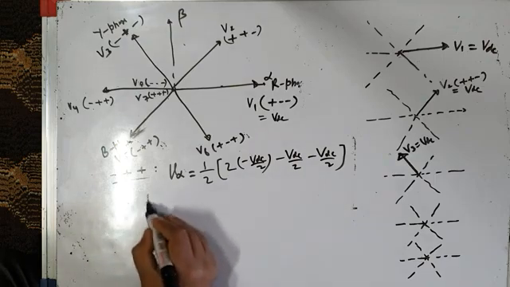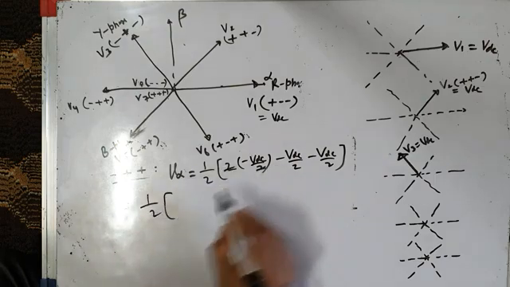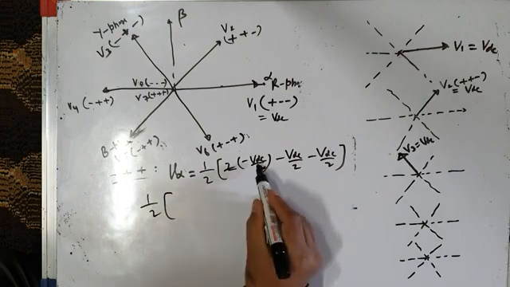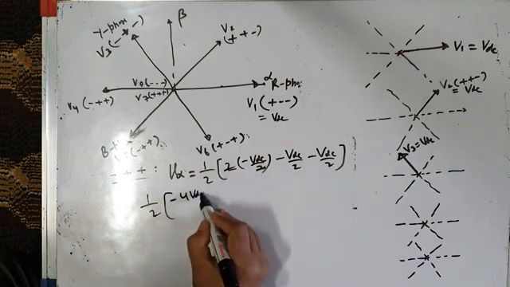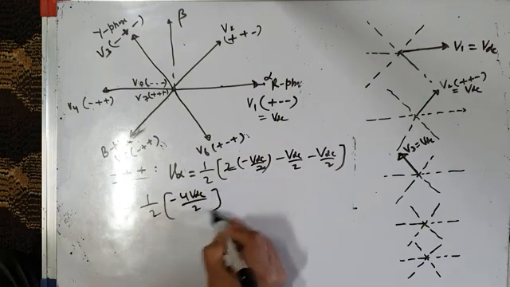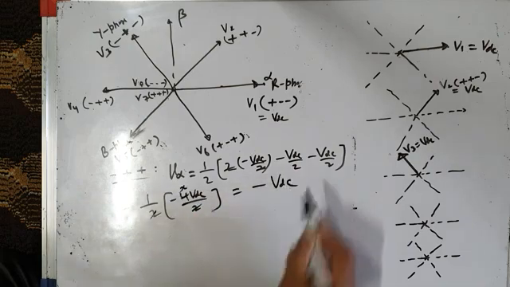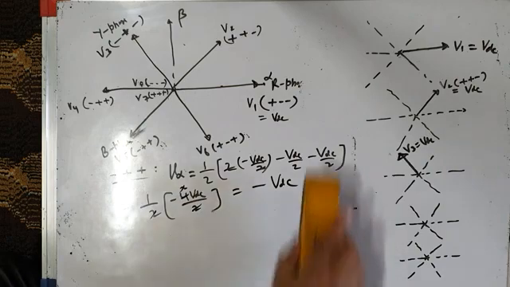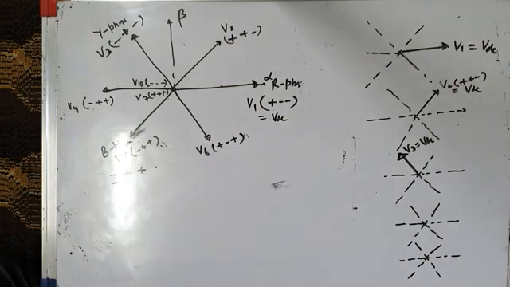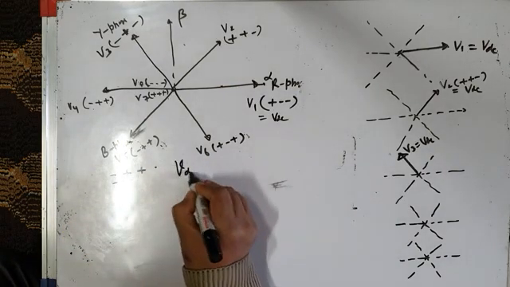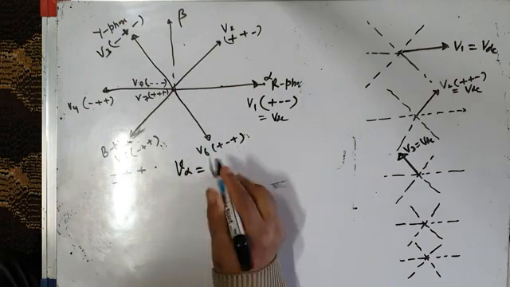So that is equal to 1 by 2 into 2, so it is minus 4 VDC by 2, and that is equal to minus VDC. Okay. So the alpha component of voltage is minus VDC. So V alpha is equal to minus VDC.